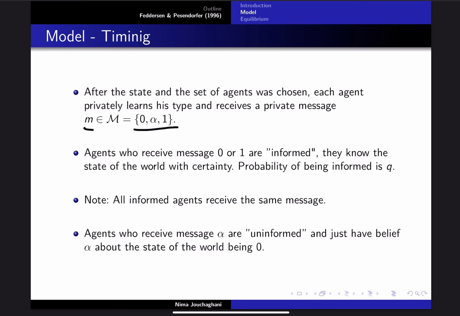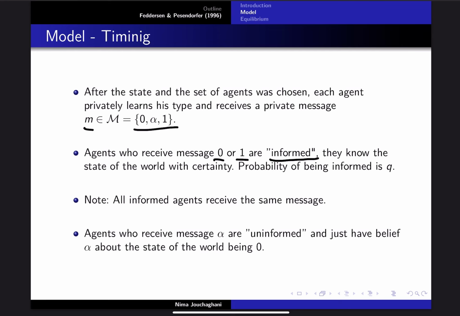Whenever an agent receives a message 0 or 1, they are so-called informed agents, and they know the state of the world with certainty. If they receive message 0, they know for sure that the state of the world is 0. The same holds for state 1: if they receive message 1, they know for sure that the state is 1.